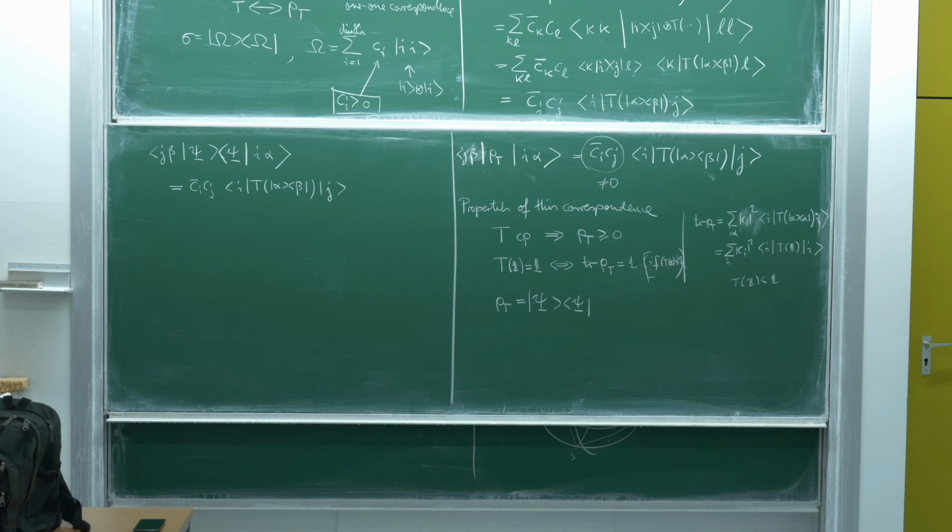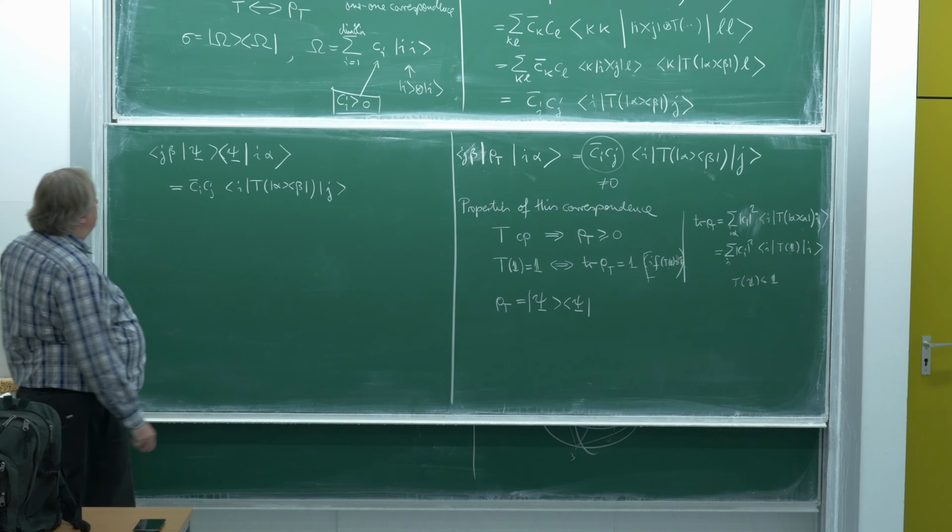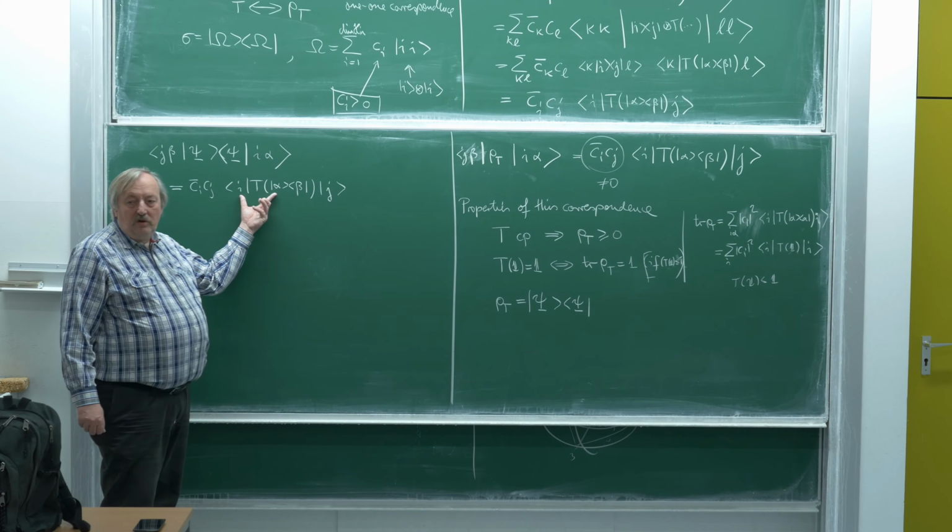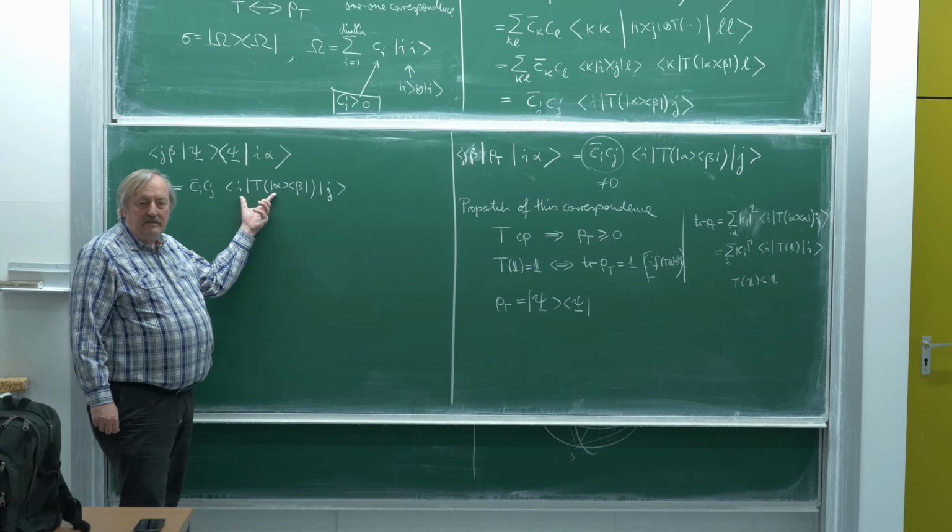I want to write this as a product. So you see that the i and the alpha belong together somehow, right?